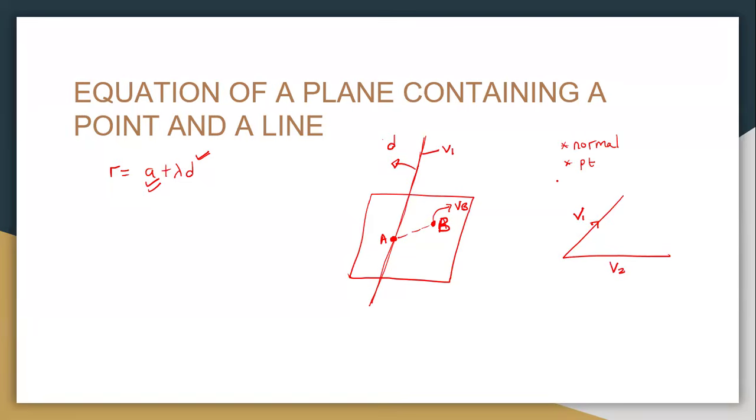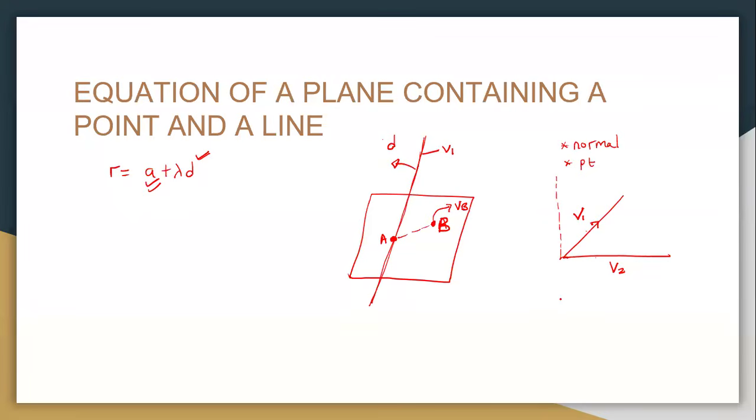In order for us to find the normal, members, tell me in the chat, what do we do? If I have two vectors and I want to find a normal to those vectors, what concept do we use? Thank you, Jimmy. Jimmy has said we get the cross product.